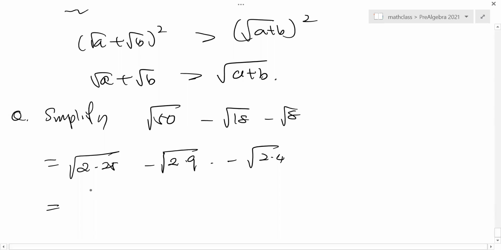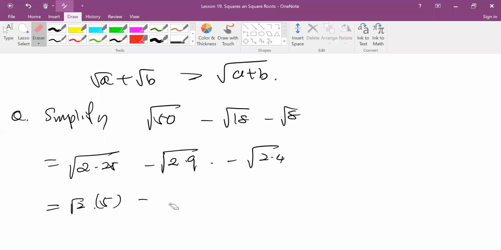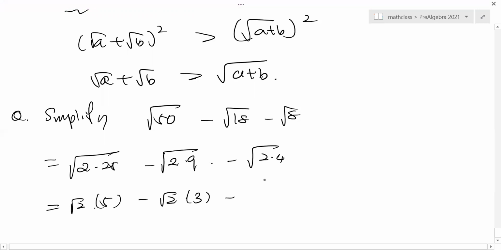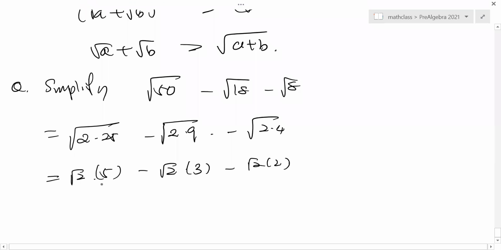So square root of 25 is going to be 5, square root of 9 is going to be 3, and square root of 4 is going to be 2. So now you have 5 square root of 2 minus 3 square root of 2 minus 2 square root of 2. So the answer is 0. So this complicated expression turns out to be just equal to 0.